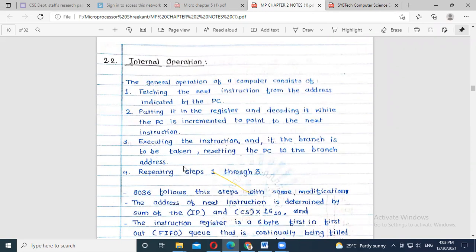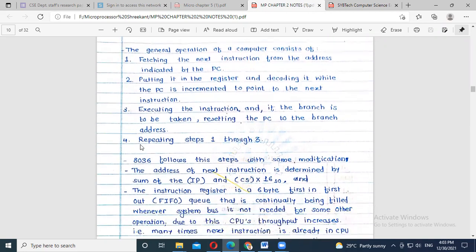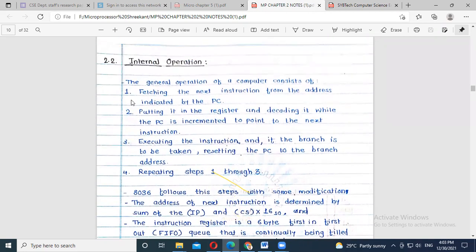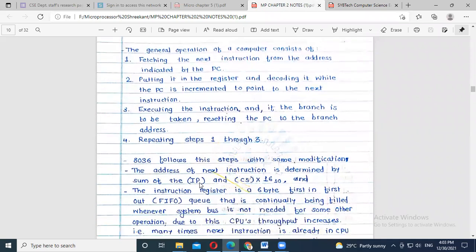There are different types of branch addresses that the program counter takes from the execution of instructions. In the fourth point, you repeat steps 1, 2 and 3 until you get complete execution. Those are the main operations you have to do.